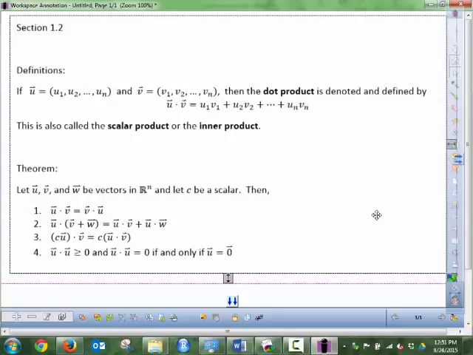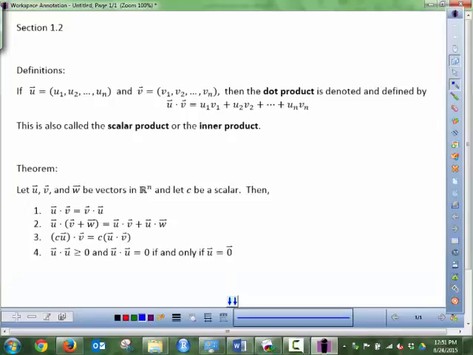But just to remind you, the dot product of two vectors is this sum after you multiply each of the components with each other. And remember that our result is a scalar. So sometimes this is called the scalar product, as opposed to a vector product like the cross product, which we won't do in this class.